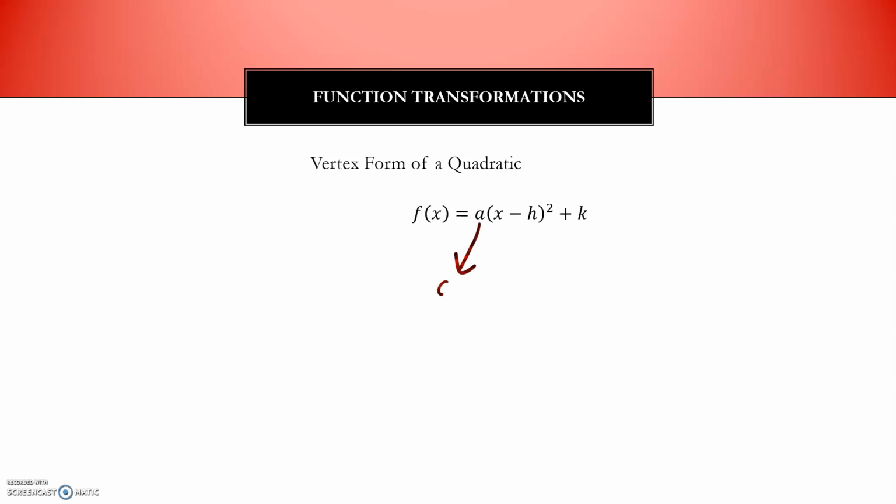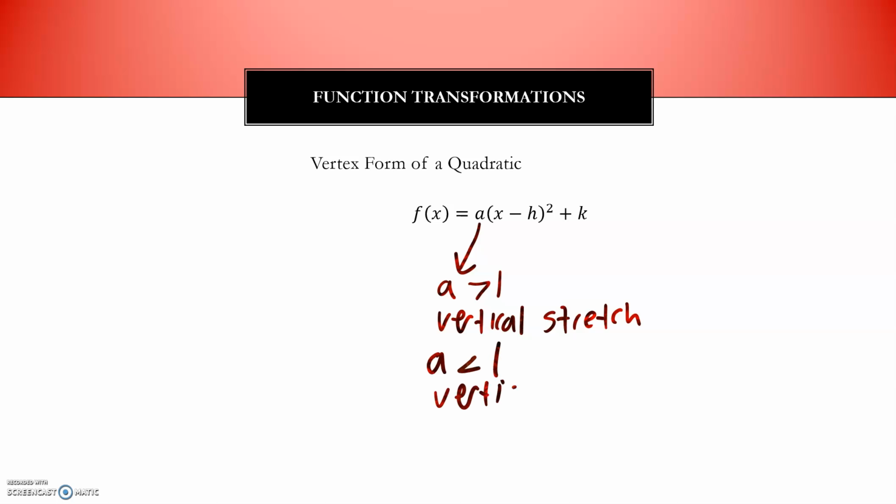So if a is greater than 1, we call it vertical stretch. If a is less than 1, we call it vertical compression. And that would have to mean a is greater than 0 as well.